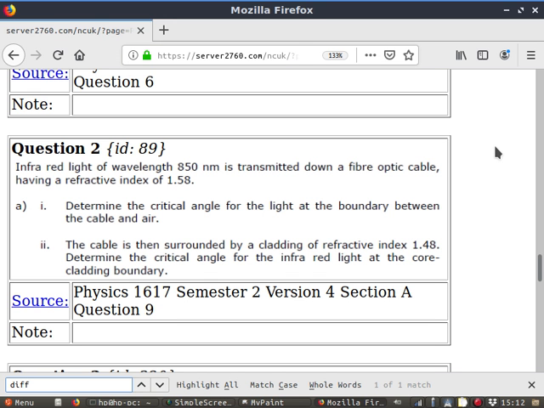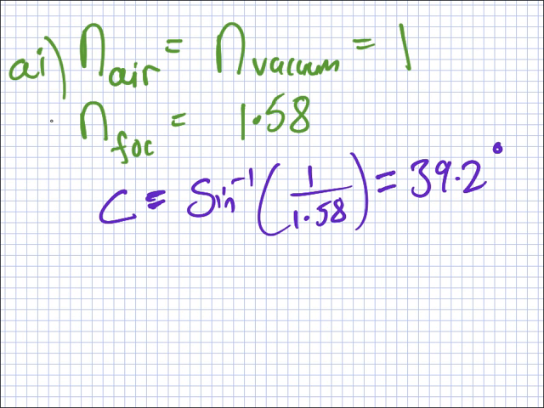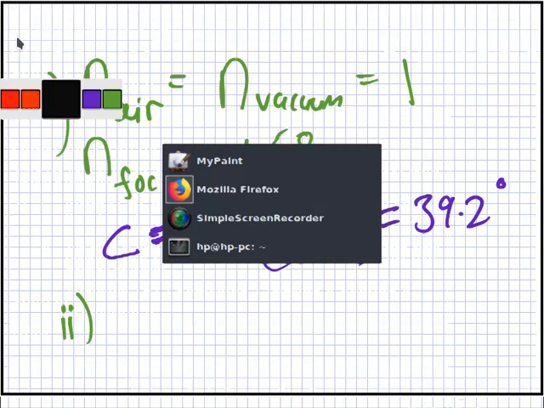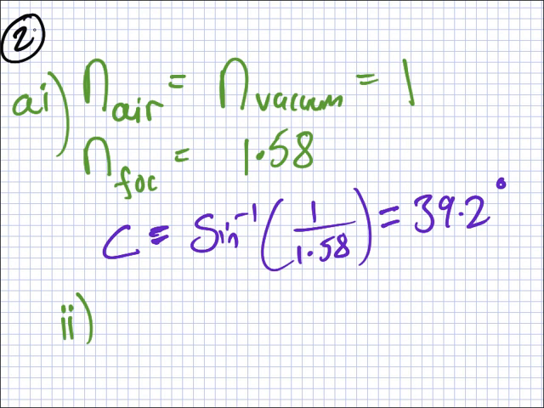The cable is then surrounded by a material of refractive index 1.48. Determine the critical angle now. Okay, now, I think I've discussed this before in class, that sometimes the author of the exam has little imagination and asks you to do the same thing again with different numbers, which is really what's happened here. So C equals sine inverse 1.48 over 1.58.